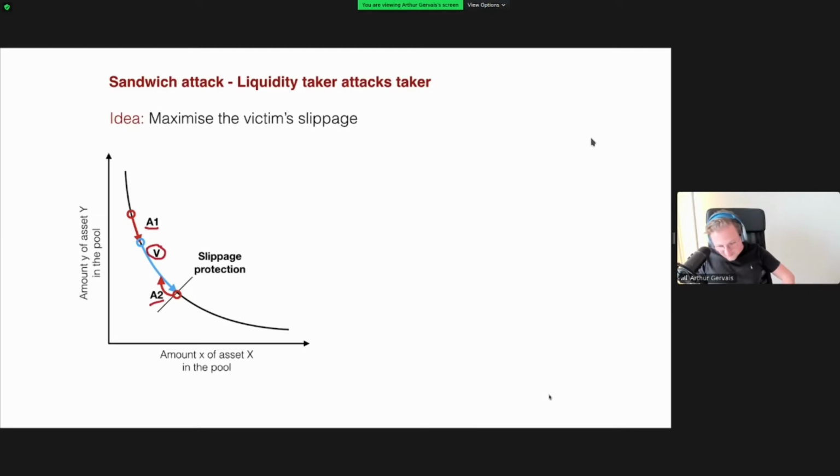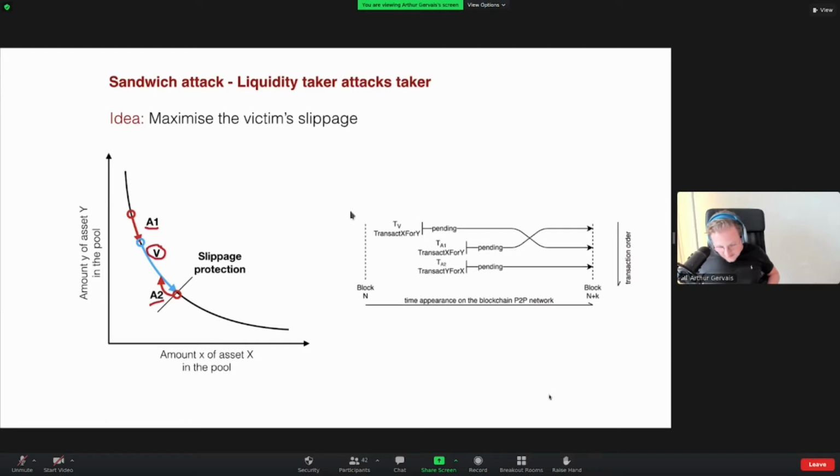The tricky part for an adversary is that you should only push the victim so much that you don't hit the slippage protection. If it goes beyond, then transaction V fails, and you don't want to go that far. So it has to be a carefully calculated duo of transactions that squeezes the victim inside of a tasty sandwich.